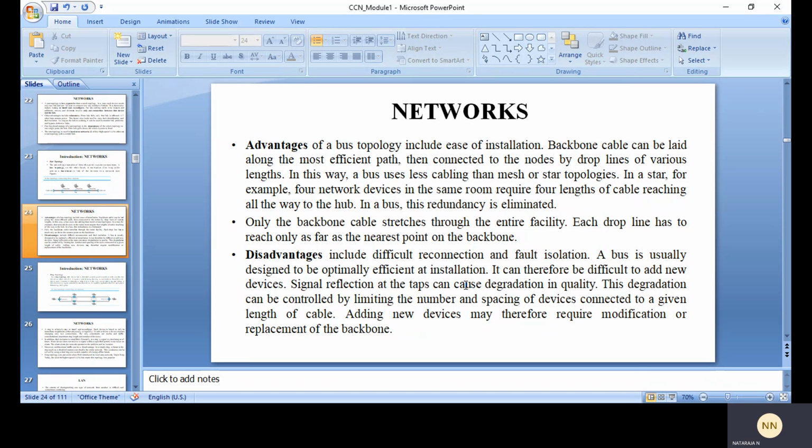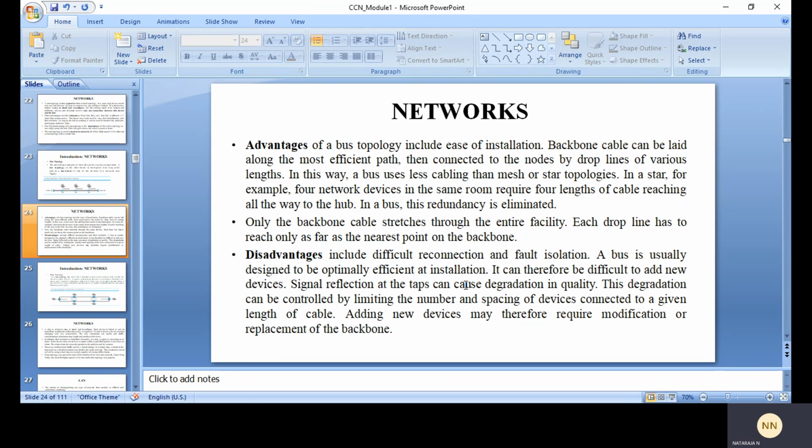Next, the disadvantages of bus topology include difficult reconnection and fault isolation. A bus is usually designed to be optimally efficient at installation. It can be difficult to add new devices. The signal reflection at the taps can cause degradation in quality.